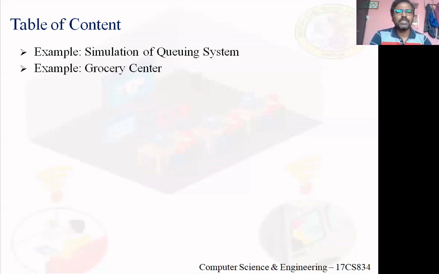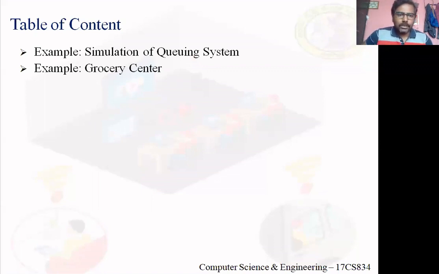Whereas in the grocery center, I will give you the probability distribution for inter-arrival times and service times, and make use of a random number generator to decide the next inter-arrival time and service time. Clear?